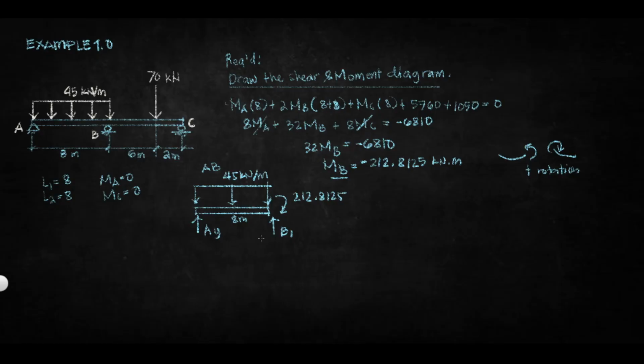So, if we're going to have a moment here sa point B, summation moment at point B is equal to 0 positive clockwise. So we have negative 212.8125 negative AY times 8.